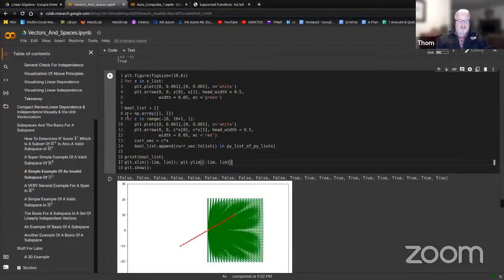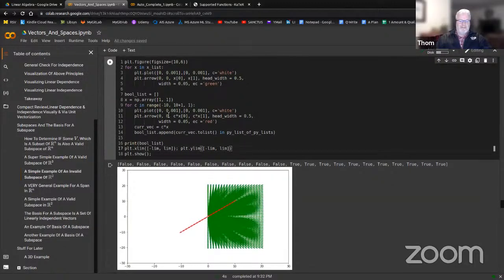Now that's this x this time. And so we're looking at all those scaled values from positive to negative. It would be infinity, but again, we don't want to take the time to wait for that. And then we're calling the current vector C times X mathematically. This is just for plotting here.